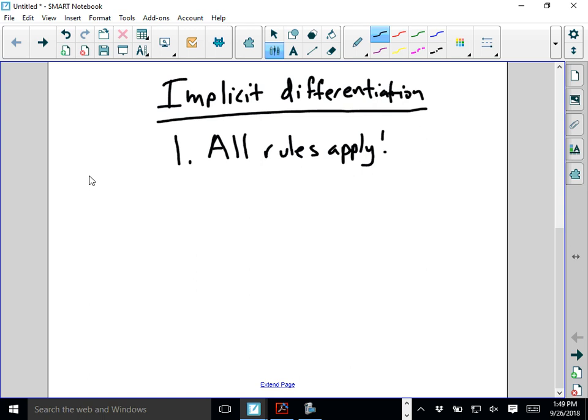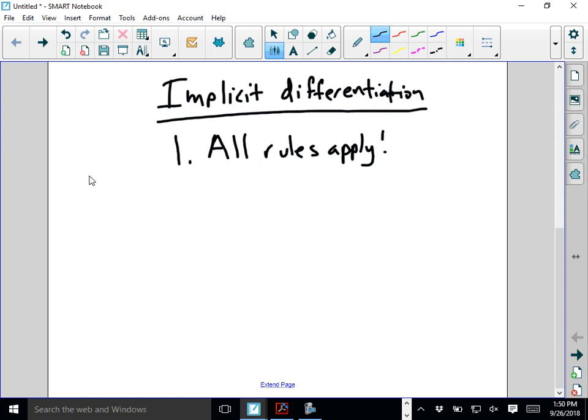When we see a function times a function, we still have to execute the product rule. When we see a function divided by a function, we still have to execute the quotient rule. When we see a function within a function, we still have to use the chain rule, right? And we can use multiple rules on one problem. So all rules apply. The second thing to remember is, we're going to come across both x's and y's.